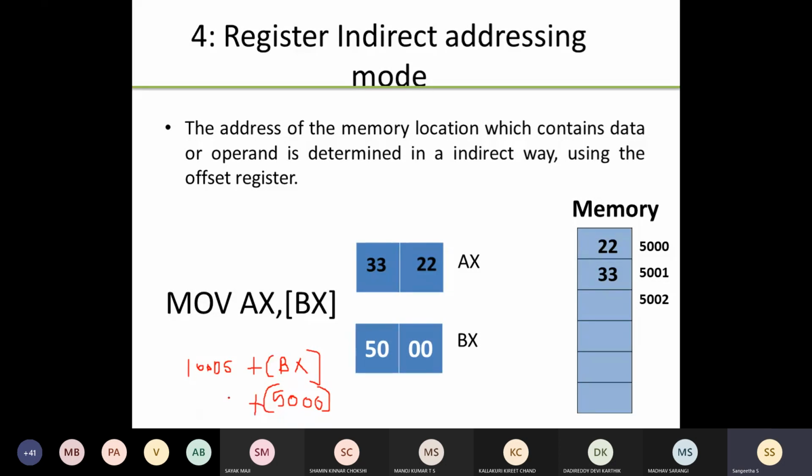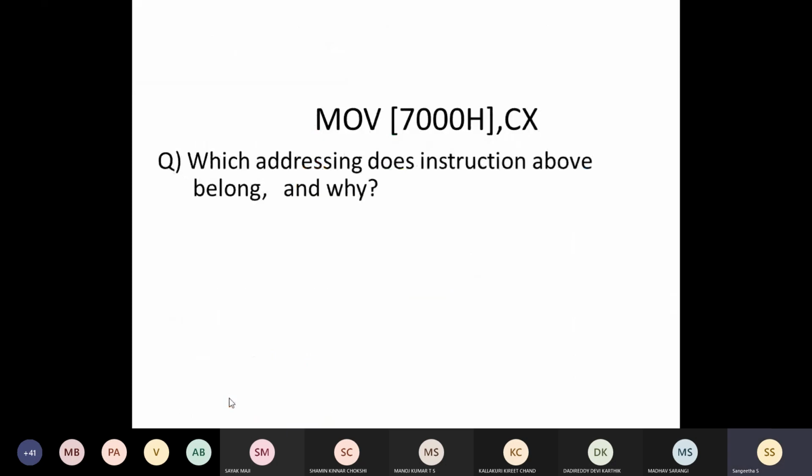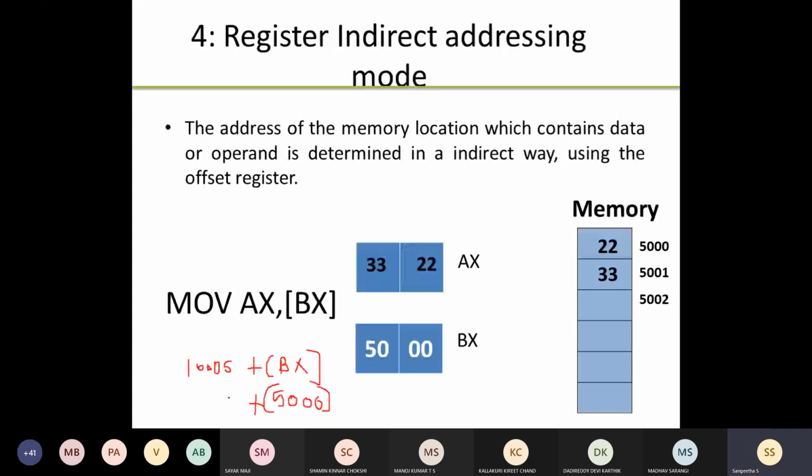This is for calculating the effective address. When you calculate this, you will get the data to ax: in 5000 you had 22, and in this one you will get 33.